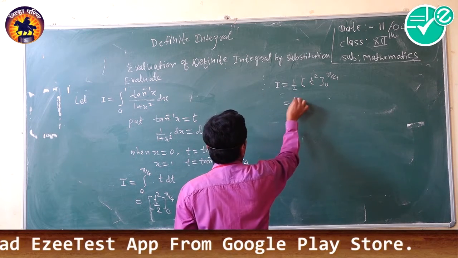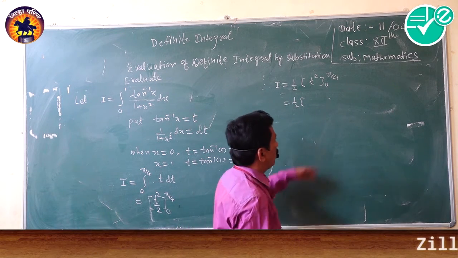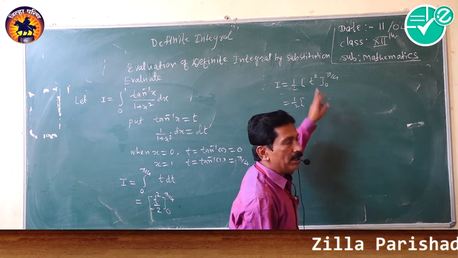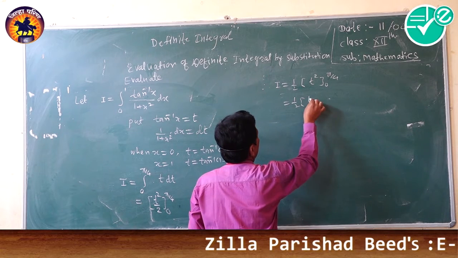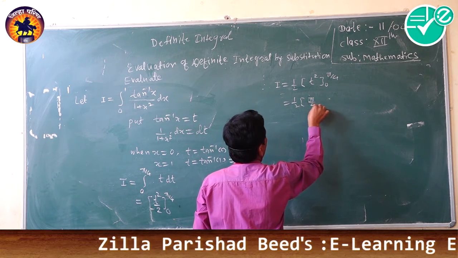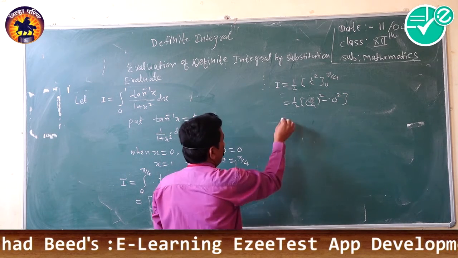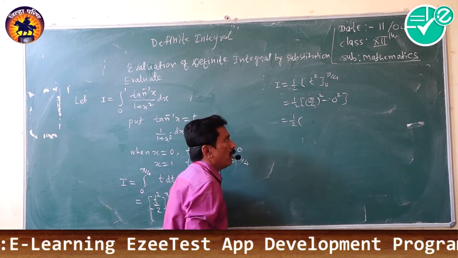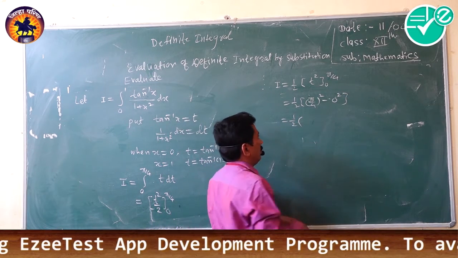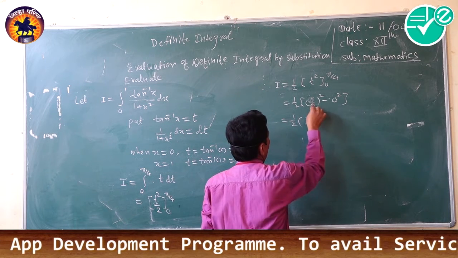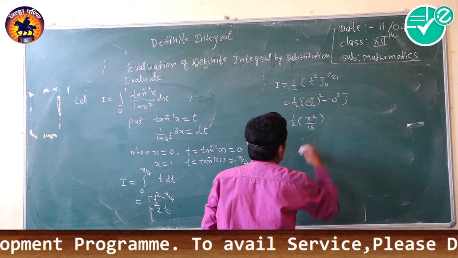Substituting limit, 1 by 2. Now put upper limit pi by 4 in place of t, that is pi by 4 bracket square minus 0 square, that is 1 by 2, that is square of this, pi square upon 4 square is 16, that is 0.